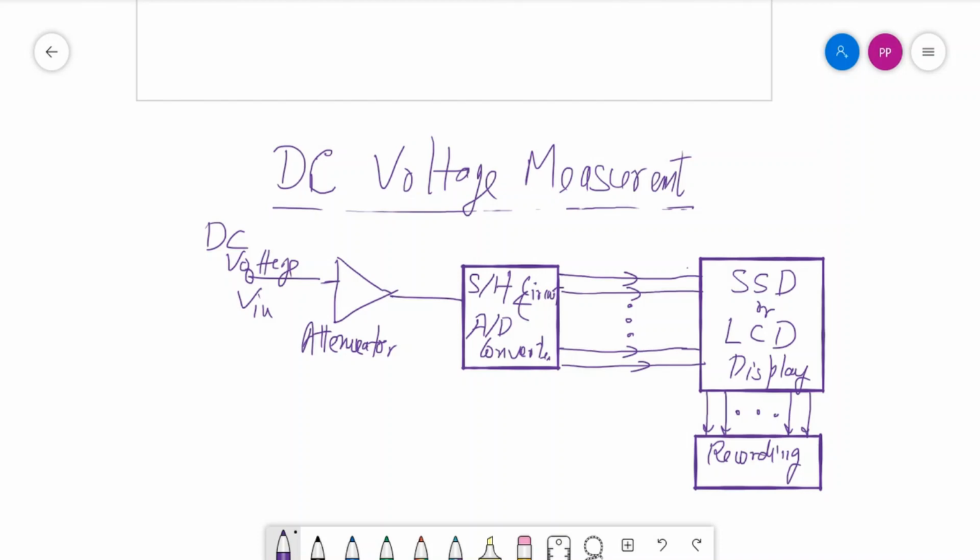Now from the output of the A to D converter we have a signal which is called the start bit that goes to the display unit. So this is the start bit, and the other signal that goes is the latching signal.